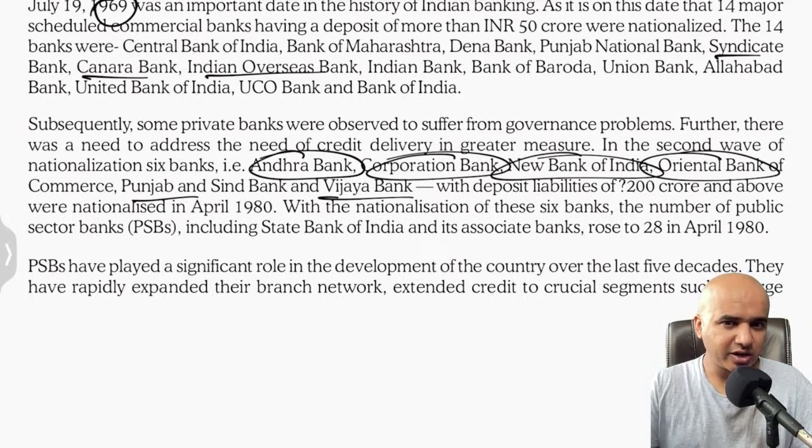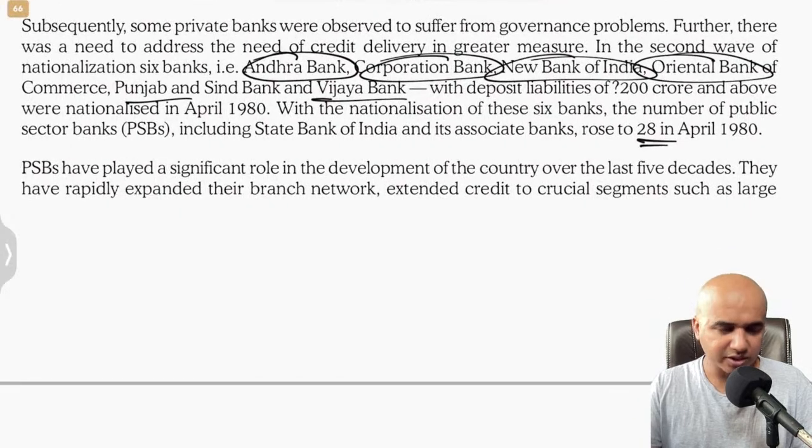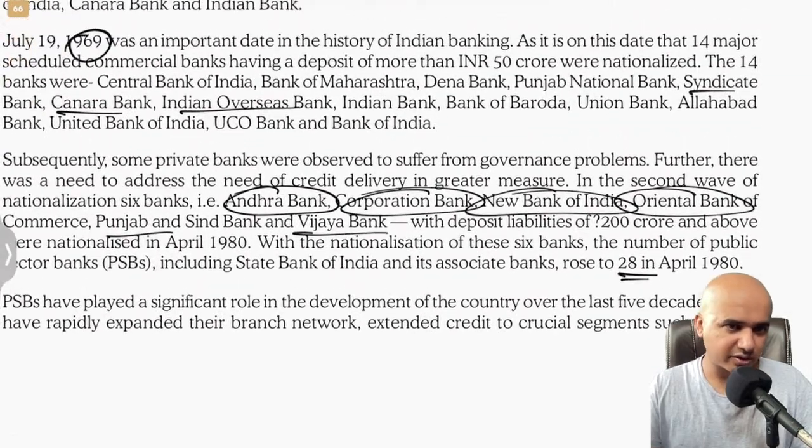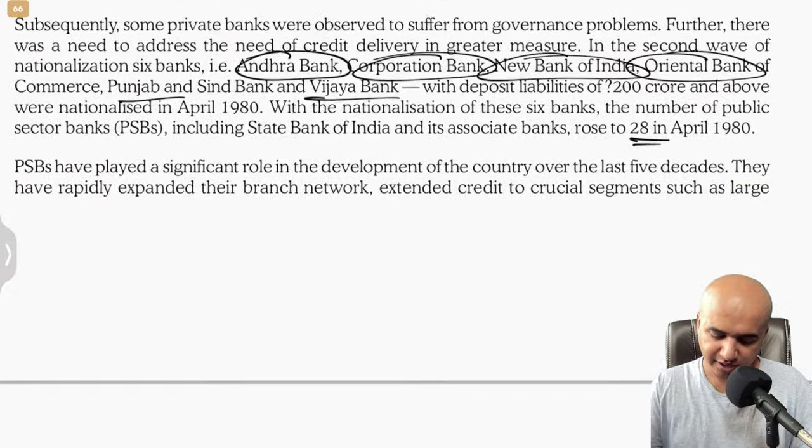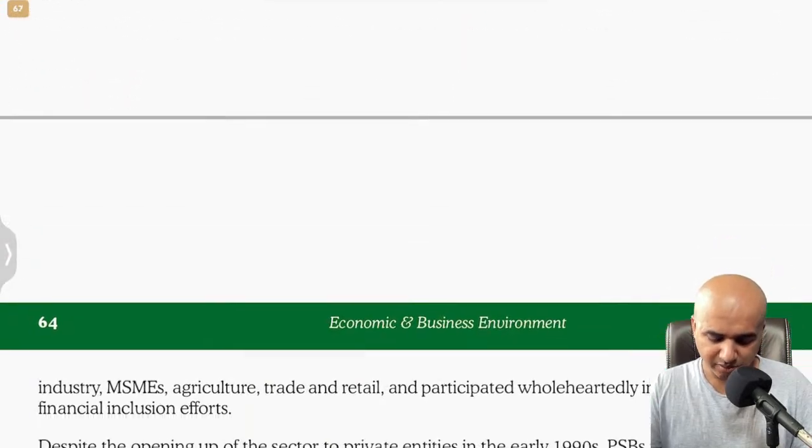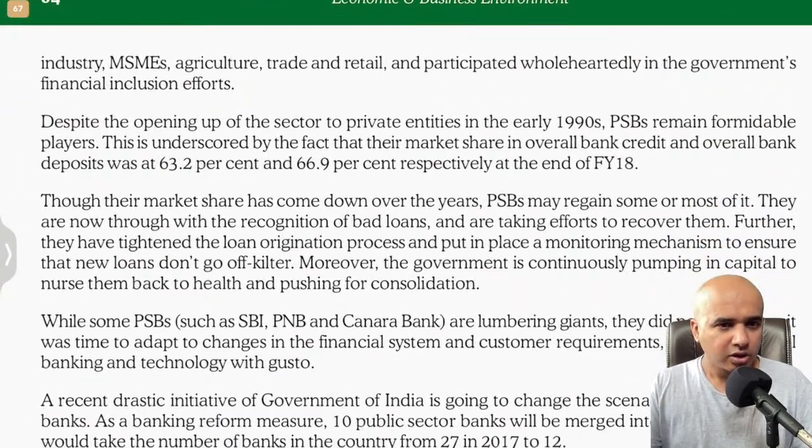Including State Bank of India and its associates, the number of public sector banks rose to 28 in April 1980. Until then, we had only State Bank of India and its associate banks as public sector banks, but the rest of them were all private banks. But now that the government nationalized them in 1969 and 1980, most of them became public sector banks.